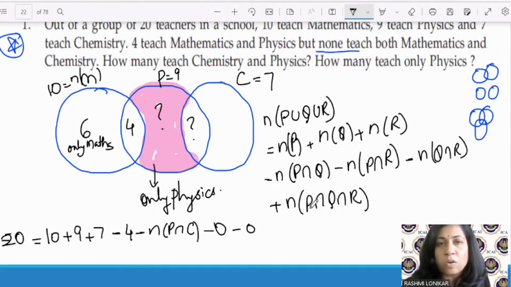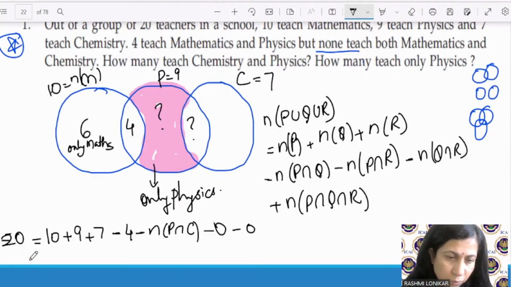There is no teacher who can teach physics, chemistry and mathematics. What does this mean? P intersection Q intersection R is those teachers who can teach all 3 subjects, PCM. But that is not the case.